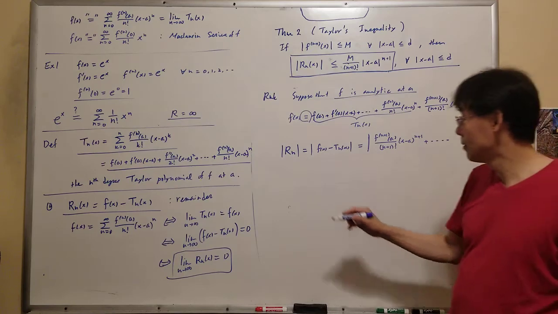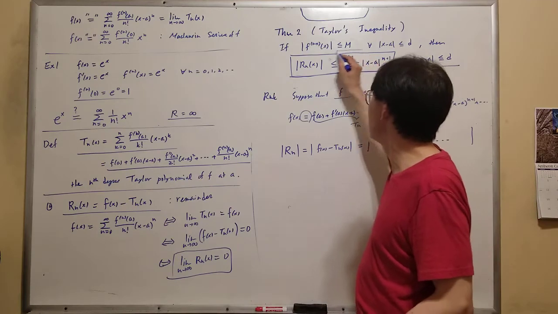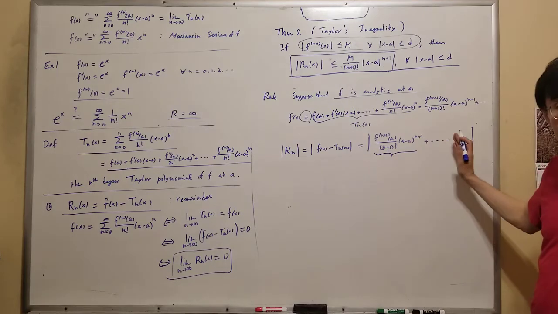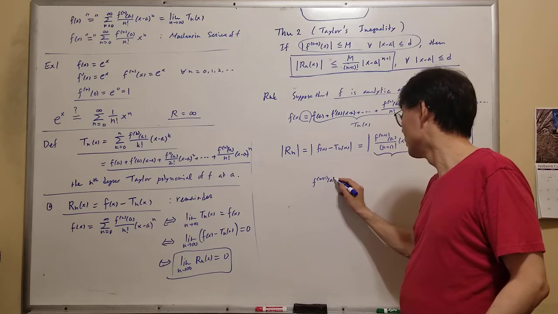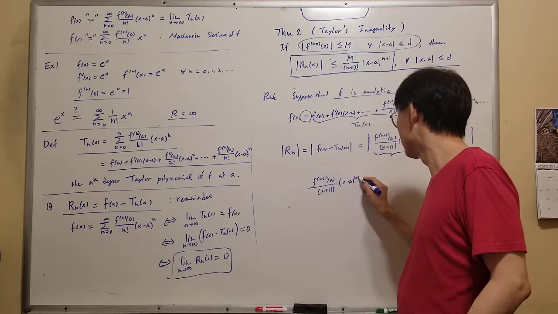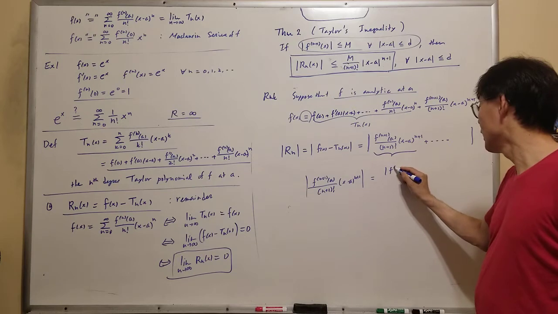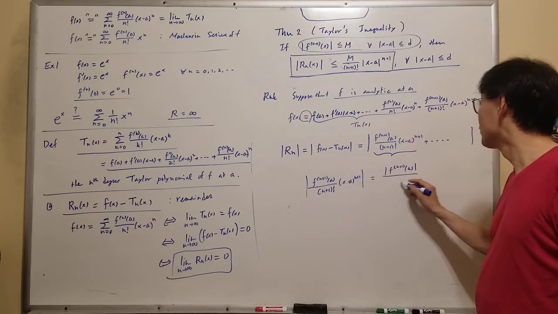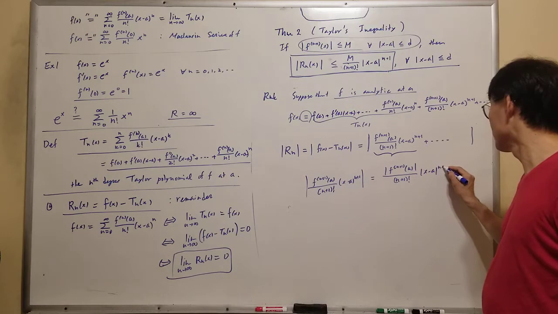But then, if this is the case, from all the remaining terms, think about the very first term. If you take the absolute value of the n plus first order derivative over (n plus 1) factorial times x minus a to the n plus 1.